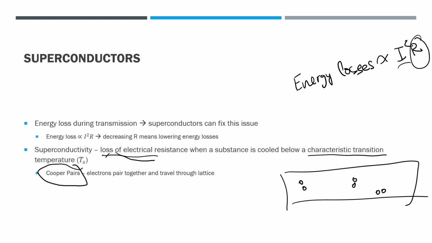When they pair together and travel through the lattice, there's going to be a lot less bumping into each other, right? Because now they're paired and they aren't completely independent and random of each other. So this pairing helps us understand what is happening in a superconductor that causes the resistance to drop really, really low.